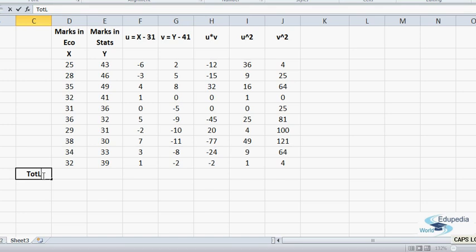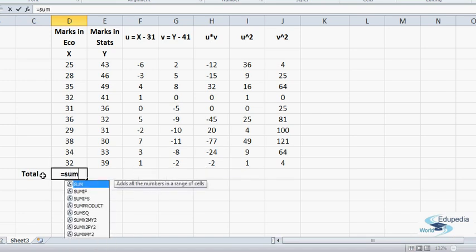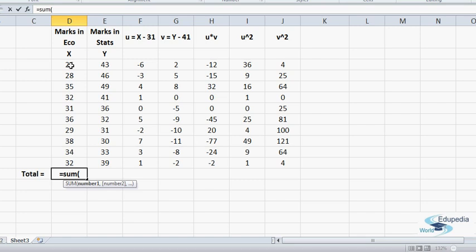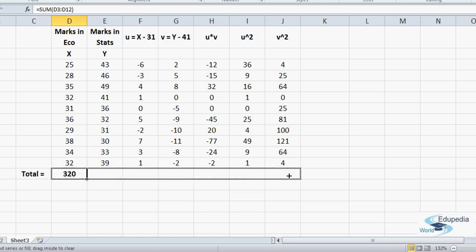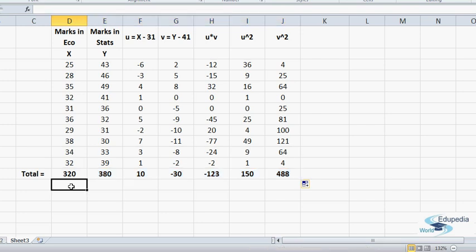Let me find the sum of all these. Let me put the formula here itself, and then we'll drag it to all the other cells. So we've got the sums of u, v, u square, v square, and the product of u and v.